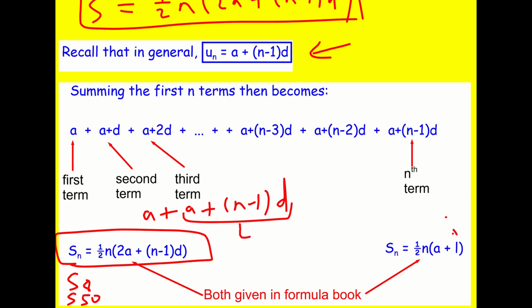So that's what that L means there. There's two different ways of writing this formula. If you knew the first term and the last term, then you could simply throw it into here a bit quicker. But this one will always work as well if you know some of this information. So just be aware of both. One might be advantageous over the other in some cases.